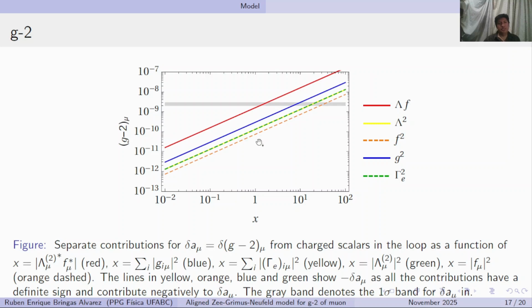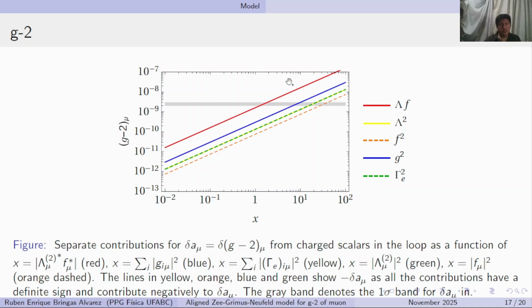We solve g-2 and at the same time we generate the neutrino masses, respecting the experimental value.